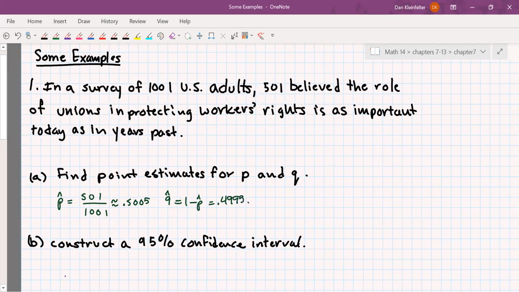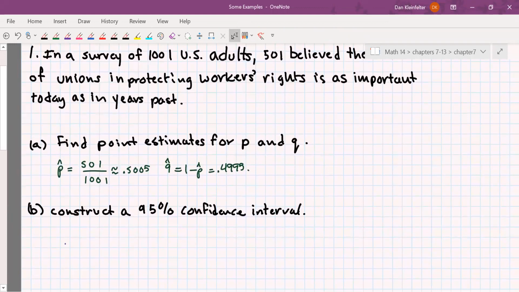Okay. All right, so then next up, we want a 95% confidence interval. So let's get E, which will be our Z alpha over 2 times the square root of P hat Q hat over N. I think it's a good idea to go ahead and write formulas each time you use them, and then before you know it, you're going to remember the formula.